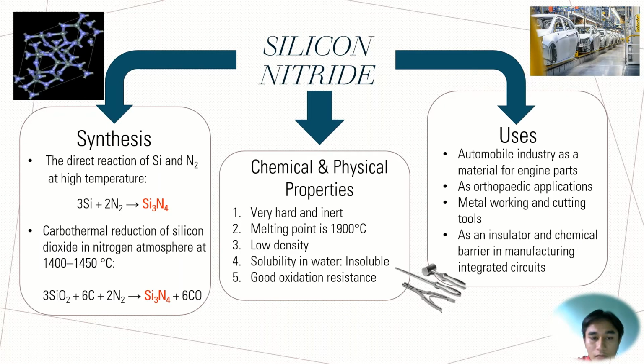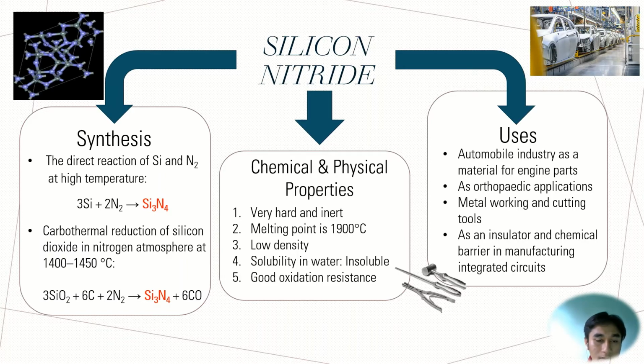The general formula for silicon nitride is Si3N4. We will go to the synthesis of silicon nitride. Silicon nitride can be produced by direct reaction of silicon and nitrogen gas at high temperature. 3 mole of silicon will react with 2 mole of nitrogen gas and will produce silicon nitride.